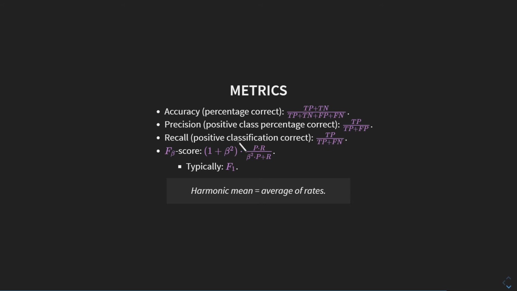Then we have precision and recall, and these will be a bit more nuanced than accuracy. Precision, for example, is how much of the things that we classified as being positive was actually correct. And then recall would be how much of the actual positive instances, so the ones that we know are positive, did we classify correctly.